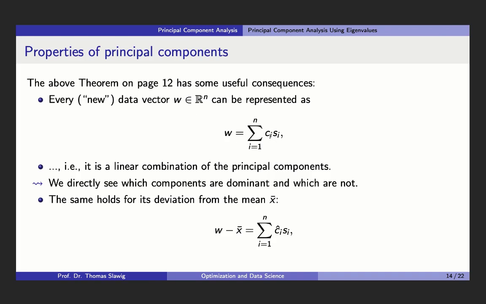So I just take the index where the coefficient is the biggest one in magnitude, and then I say, okay, my new data vector goes in this one group.